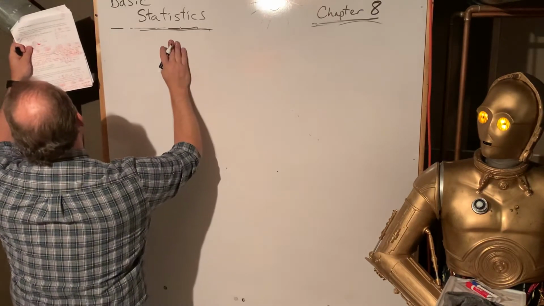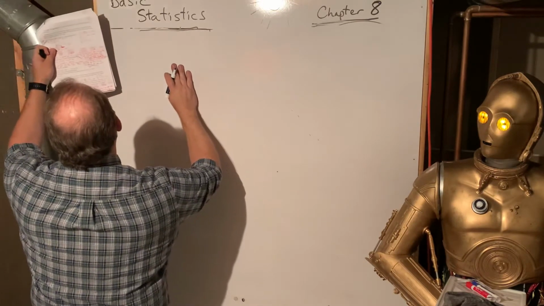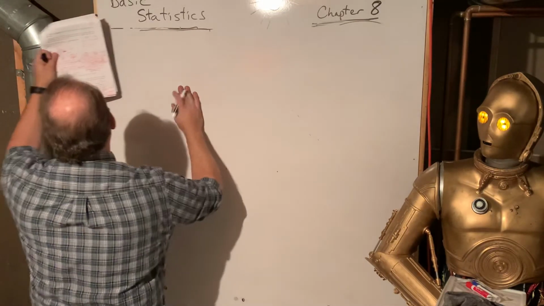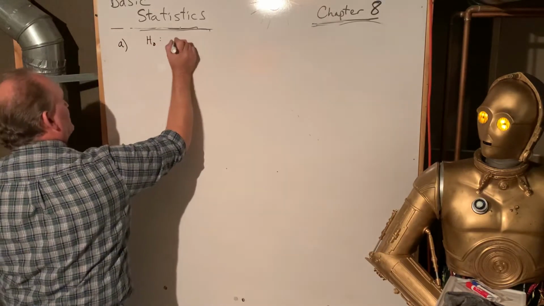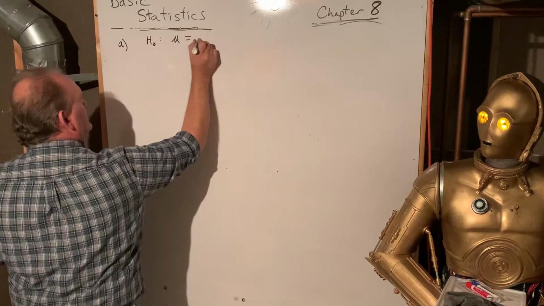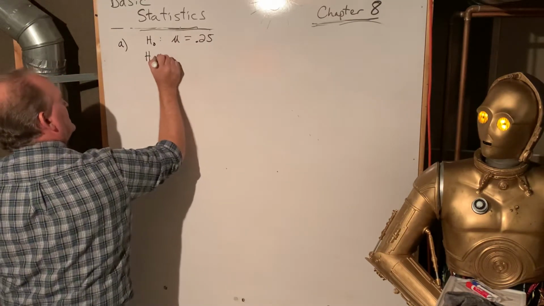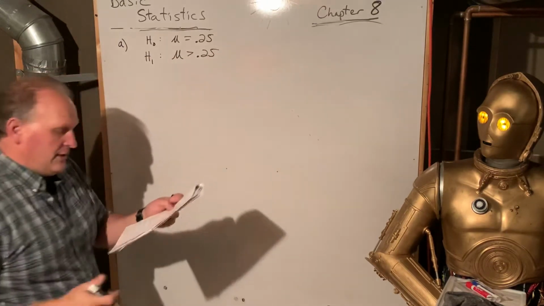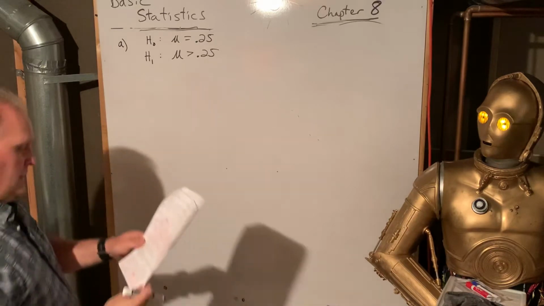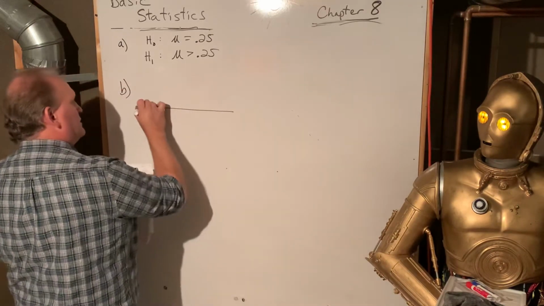An attorney claims that more than 25% of all lawyers advertise. Okay, so here we are. The null hypothesis, again, I'm going with equals. And then the alternative hypothesis, he's saying it's more than, so greater than. All right, let's draw ourselves a pretty picture.